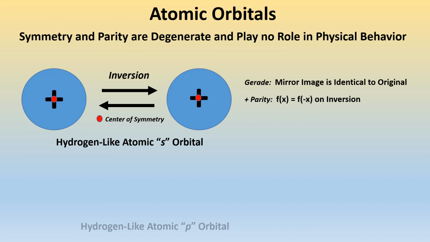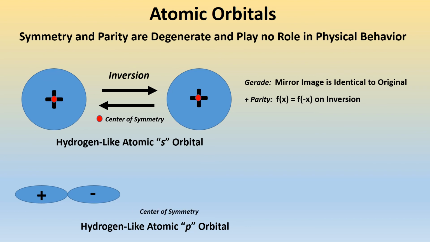On the other hand, if one was to look at a hydrogen-like p orbital, as you recall, the p orbital has 2 lobes. One of them is in the positive range, one of them is in the negative range. This shape also has a center of symmetry as far as shape is concerned.